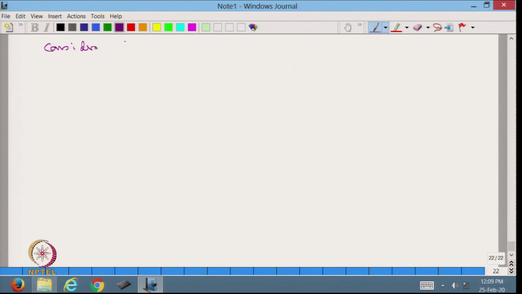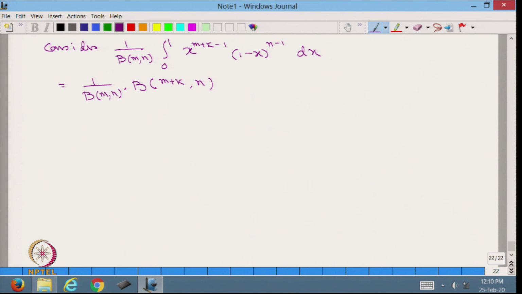Consider 1/β(m,n) ∫ from 0 to 1 x^(m+k-1) (1-x)^(n-1) dx, which is equal to 1/β(m,n) times β(m+k,n), which is Γ(m+n)/(Γ(m)Γ(n)) multiplied by Γ(m+k)Γ(n)/Γ(m+k+n). Γ(n) and Γ(n) cancel out.